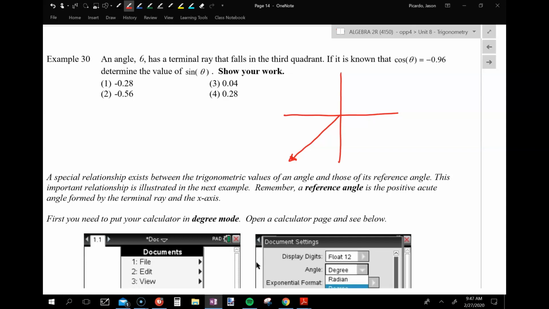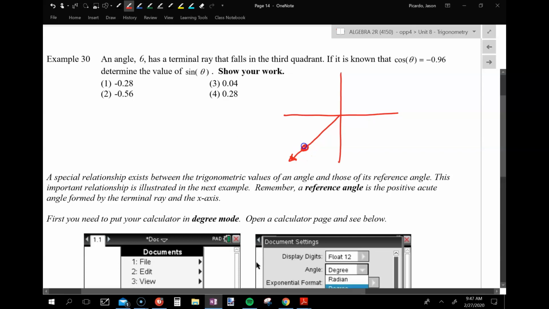Yeah, I'm giving you which value if I tell you cosine? X, right? So I know that on this point, I have an x value of -0.96. What does it want me to find? It wants me to find the value of sine, right? Well, the value of sine is whatever this y value is.